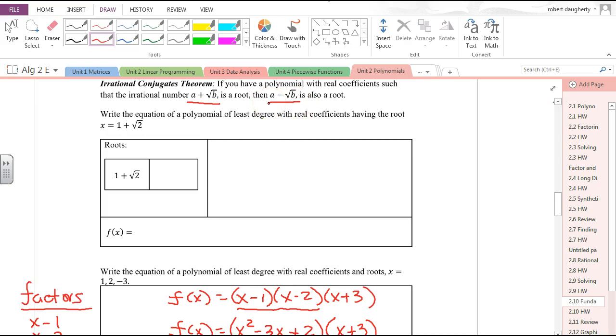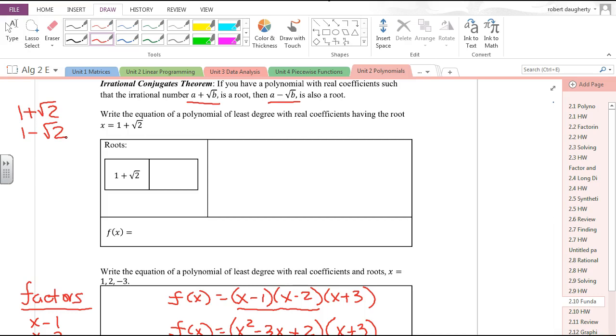When have we seen things like 1 plus root 2 and 1 minus root 2? When did we see things like that? When we were doing what? No, not complex, but when we were doing what? Yeah, quadratic solutions, but when we saw them in denominators of fractions, what did we have to do? Rationalize, that's the word. Rationalize the denominator.